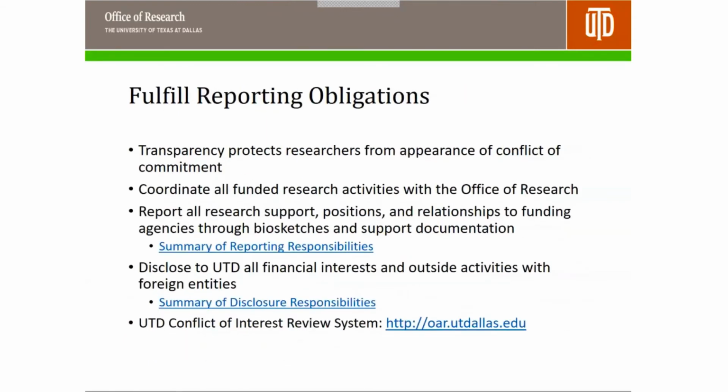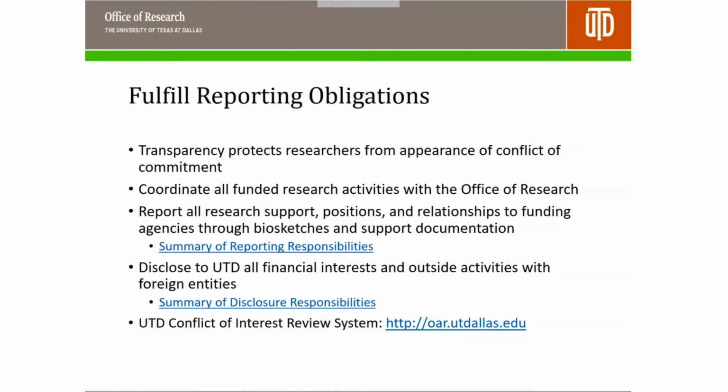The second general category of protecting yourself in terms of conflict of commitment is to fulfill your reporting obligations to UTD and to your federal funding agencies. In this case, transparency really helps to remove the appearance of conflict of commitment, because you're transparent to UTD and to your funding agencies about who's involved in the data collection and analysis, where you're collecting your data, and whether you have any relationships or other funded activities that overlap with this work that the federal funding agency is paying you to engage in.